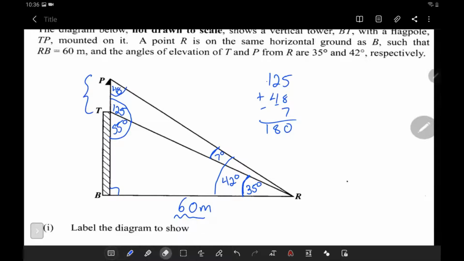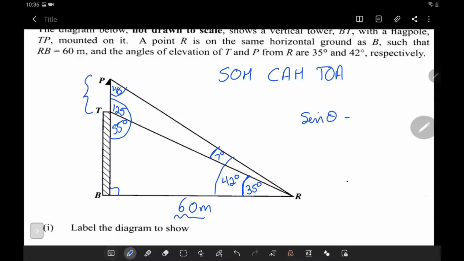If we recall from SOHCAHTOA, if that's how you remember it, we have sine theta is equal to opposite over the hypotenuse. So if we're looking at 55 as our angle, we have sine of 55 is equal to 60 divided by the hypotenuse, which we will label as TR.